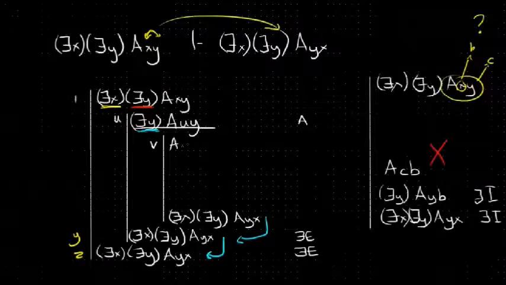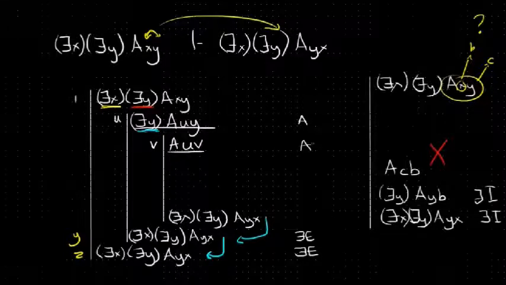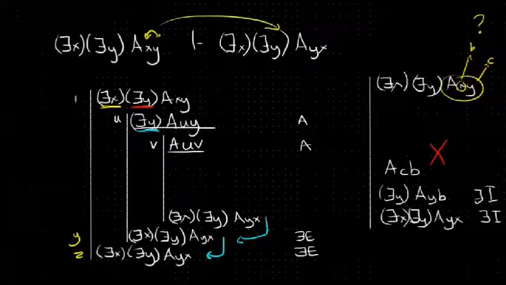So we're going to end up with A u v. That's going to be another assumption of ours. Okay, now we need to get from A u v down to ∃x∃y Ayx.